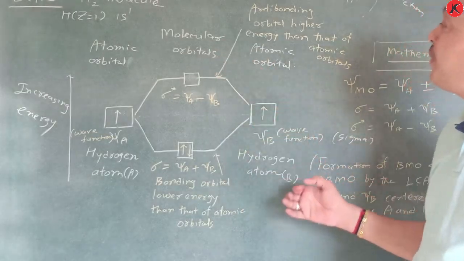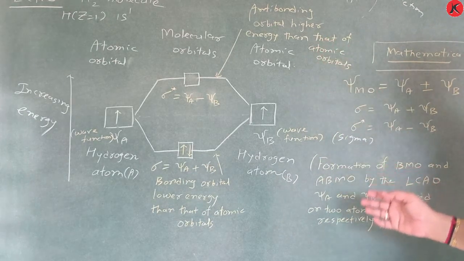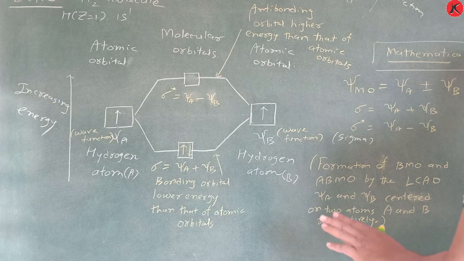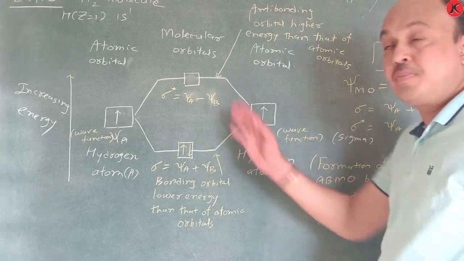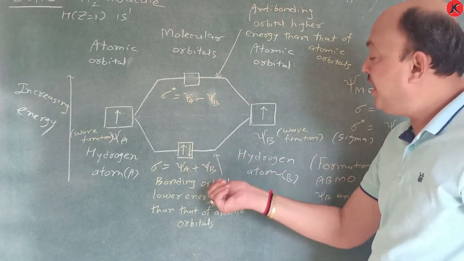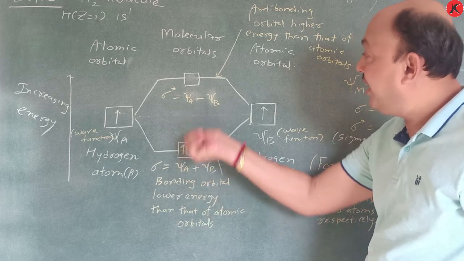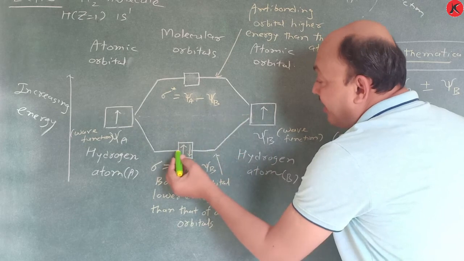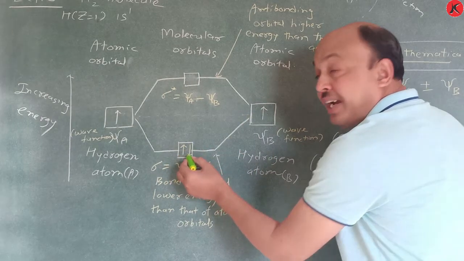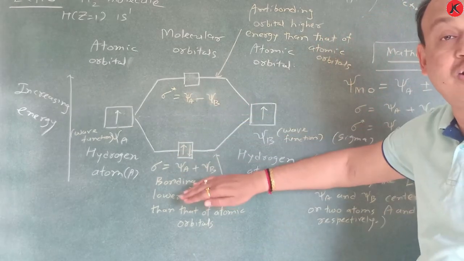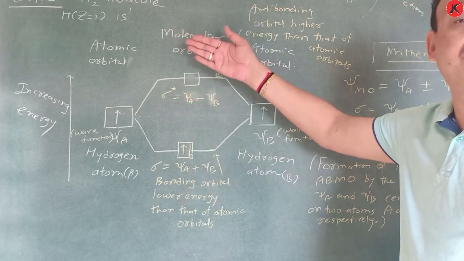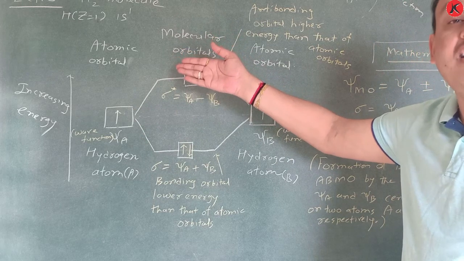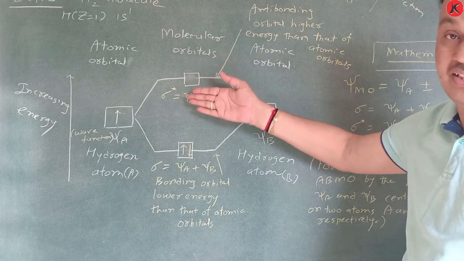Now we see the difference between BMO and ABMO. This is a very easy topic. Write it completely from your textbook. I covered most of the words from your textbook. BMO is represented here and ABMO is represented here. Electrons enter the lower energy orbital first, and if an electron is left over, it goes into a higher energy orbital.